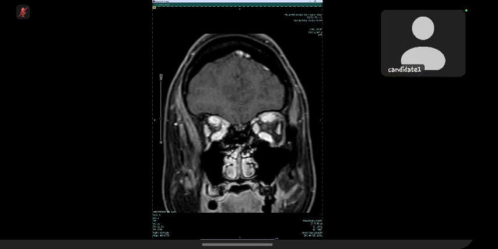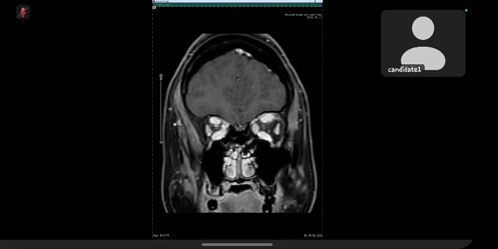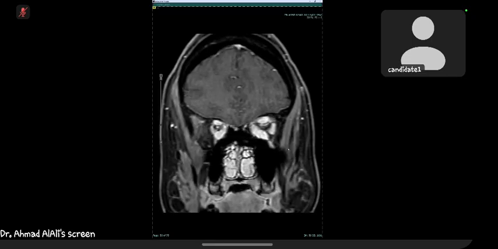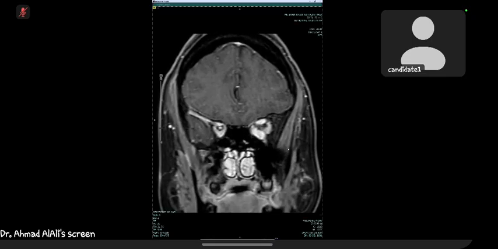There is some systemic process involving the extraocular muscles and the lacrimal gland. This is due to thyroid ophthalmopathy due to Graves' disease. Another differential can be pseudotumor, but that is unilateral and presents with pain.